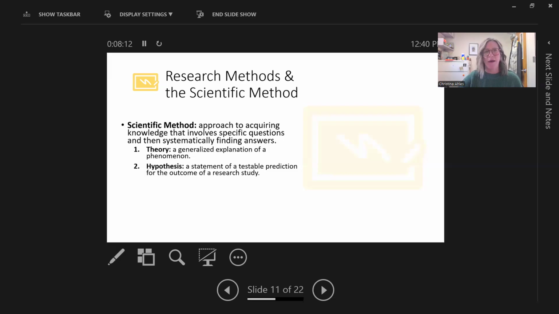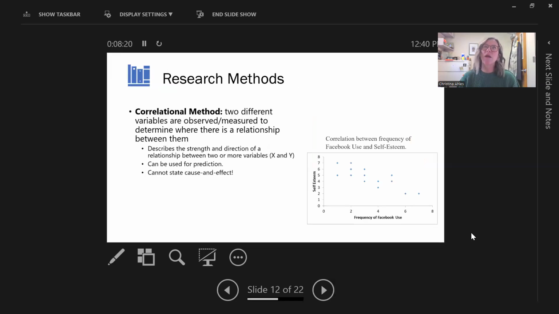And so let's talk about how we conduct research in social behavioral sciences, very specifically the types of research methods. Probably the most common research method is the correlational method. When we use the correlational method, we have two variables that are used to determine whether there's a relationship between them.